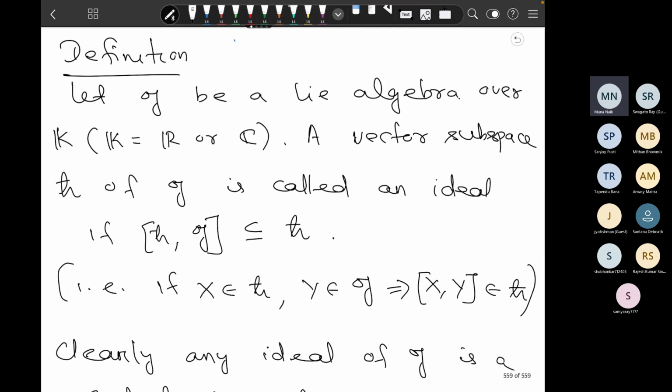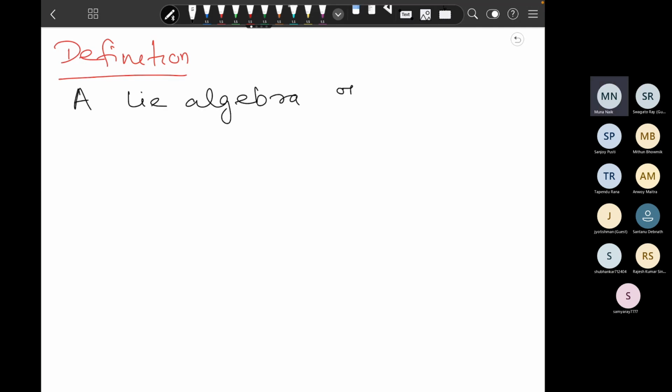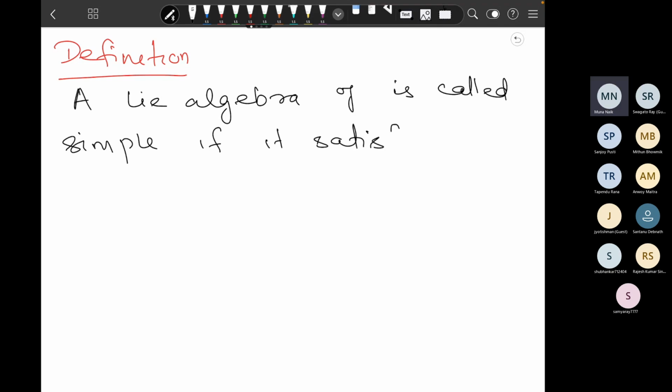Now I have to give another definition. A Lie algebra g is called simple if it satisfies the following two conditions.